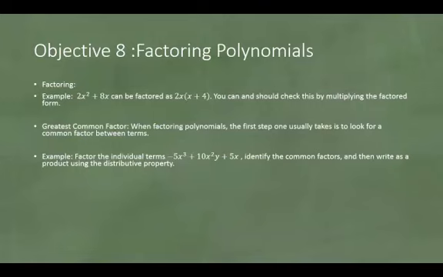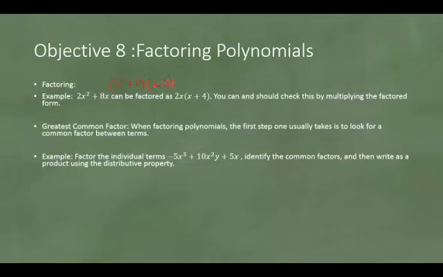All right, factoring polynomials. Factoring, like with numbers, is just writing a number as its product. So for example, if you have a polynomial x squared plus 1 times another polynomial x minus 2, right?